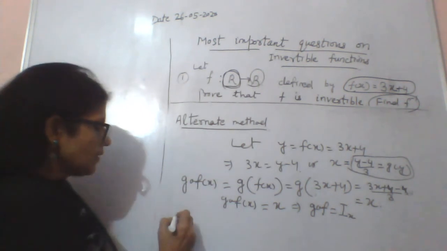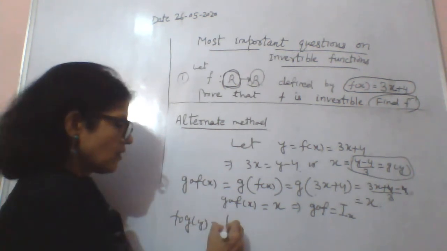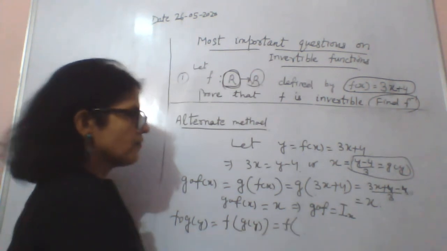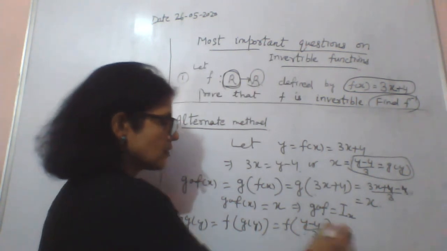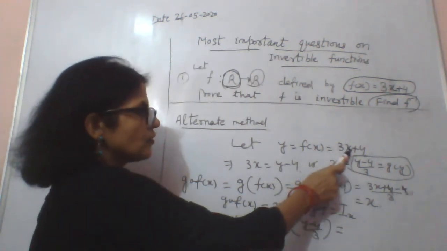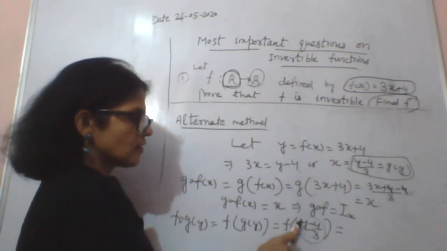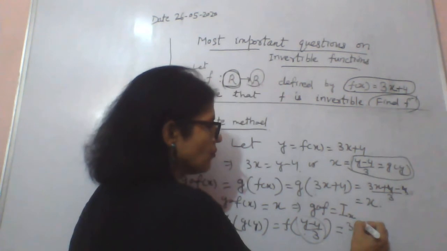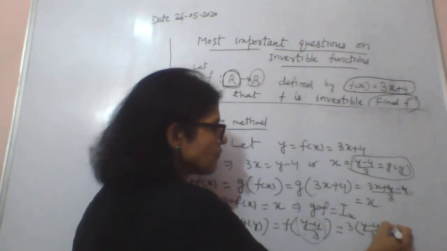Okay, similarly f of g(y) equal to f of g(y). Now f(x) equal to 3x plus 4. f(1) is 3 into 1 plus 4, f(2) is 3 into 2 plus 4. So f of this equal to 3 into whatever we are having here: 3 into (y minus 4) by 3, then plus 4.